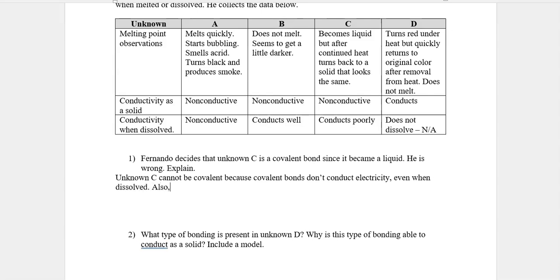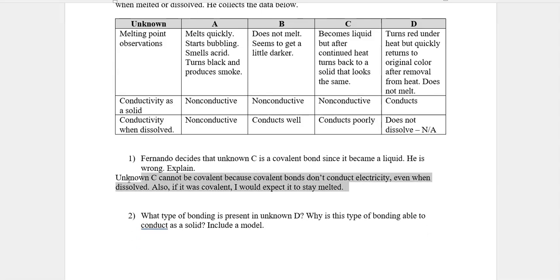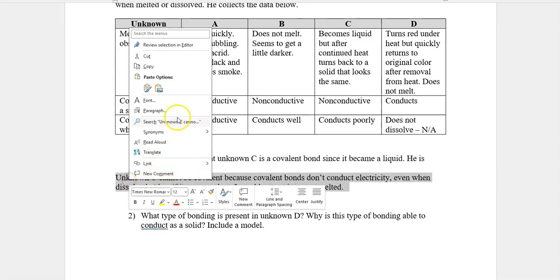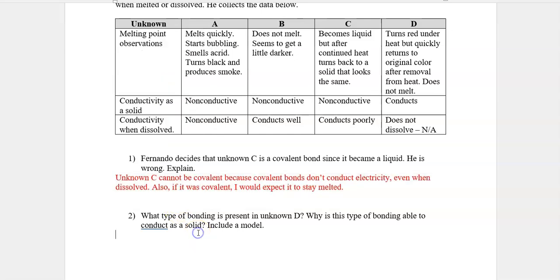I'm going to say also, if it was covalent, I would expect it to stay melted. I mean, there are exceptions, I suppose, but that's what we'd expect, right?